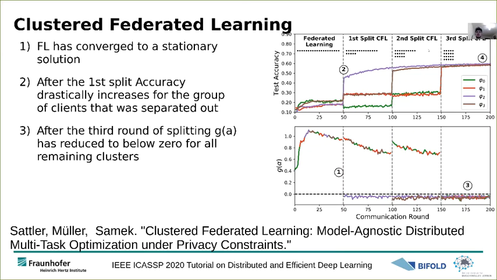And so this plot here shows basically the development of the accuracy over the period. After every 50 communication rounds, we performed a split of the clients according to the separation criterion of clustered federated learning. And as you can see here, every time a group of clients is separated out from the main cluster, the accuracy drastically goes up. So very nice empirical result also.